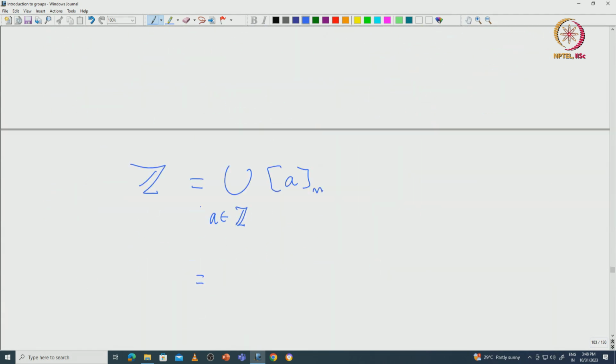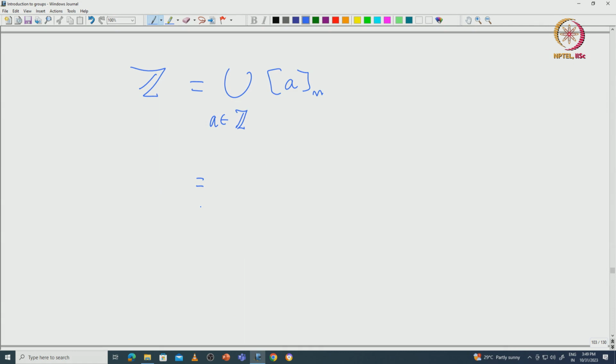So that will force us to take all possible representatives. You have defined this relation on Z, and that will actually partition Z into these subsets, the residue classes of a modulo m.